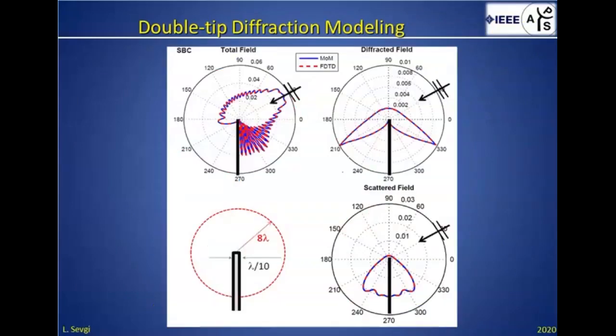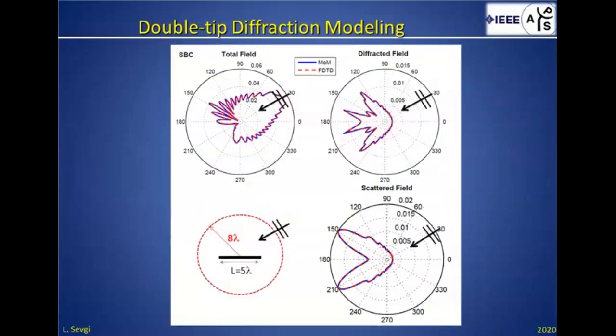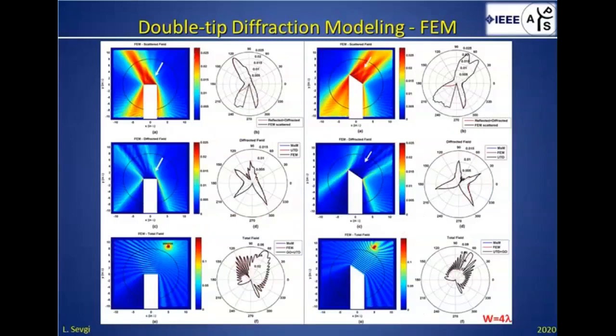These are the results for double tip diffraction. Total fields and diffracted fields for different sizes of rectangular cylinder. Next slide, please. Another one. This is a strip, still double diffractions.